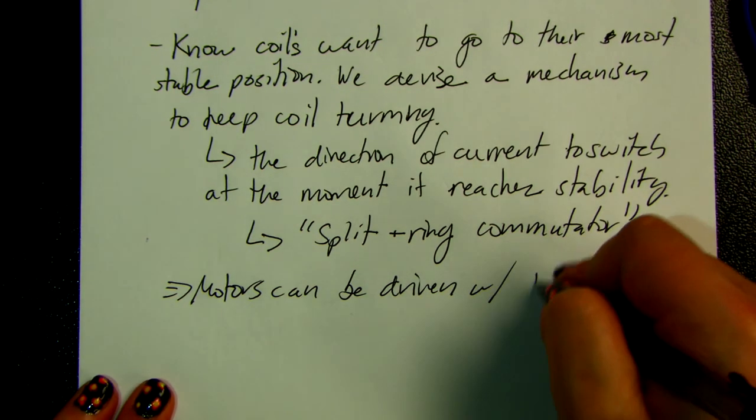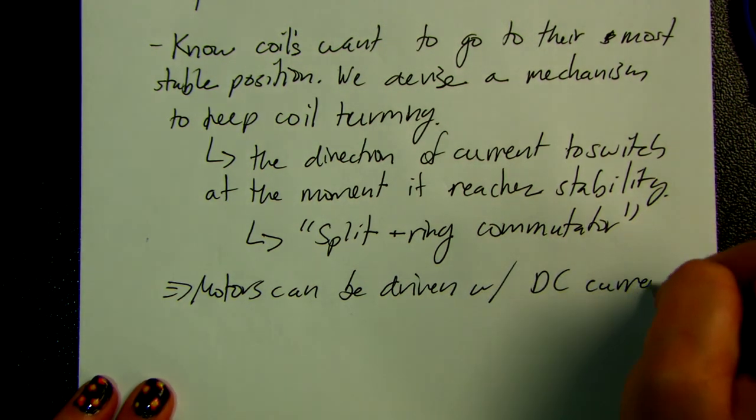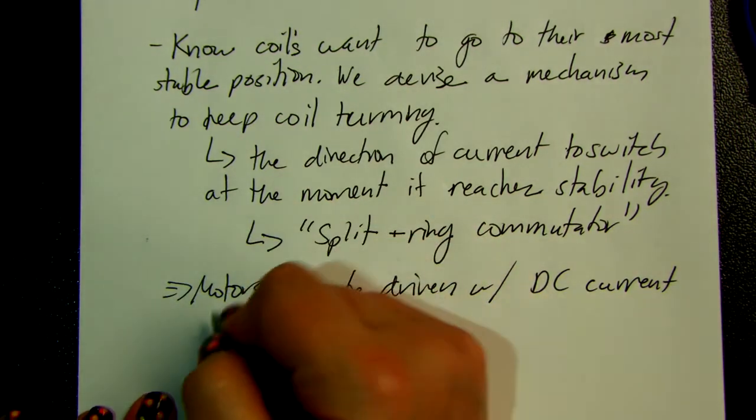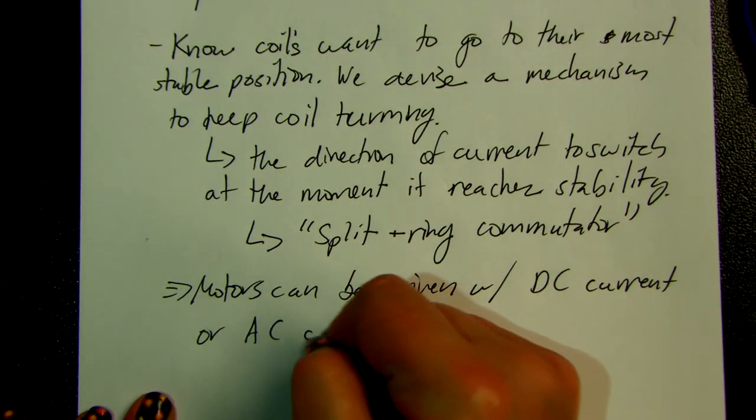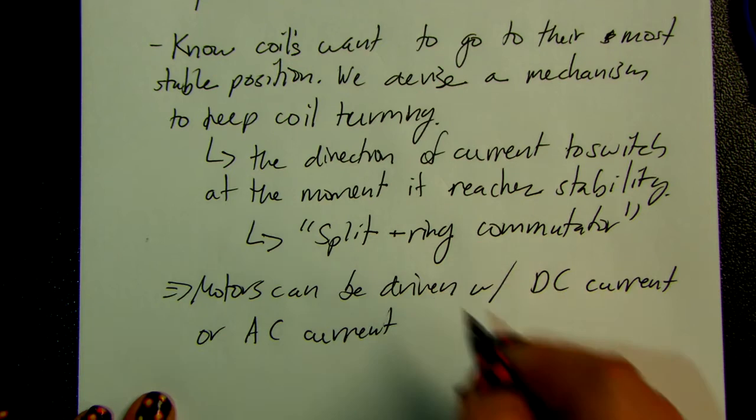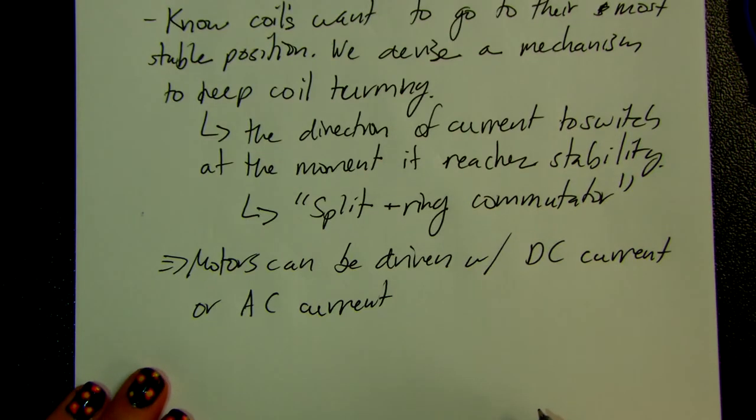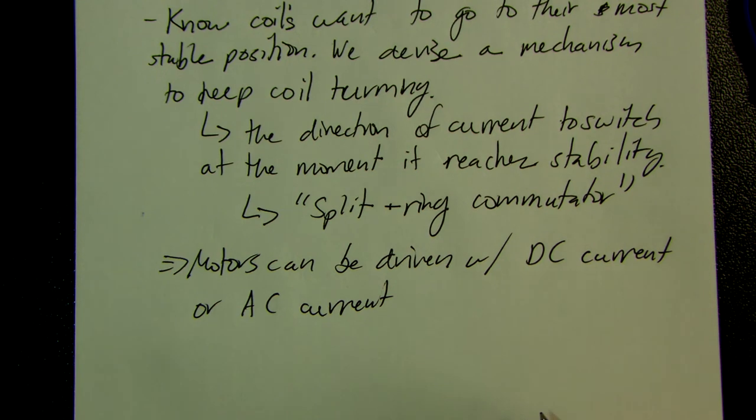And these can be driven with either DC current or AC current. So the current that you have running through your households, this is AC current or alternating current, and the current that you've seen in lab setups where we've had batteries and light bulbs and wires, this has been DC current or direct current.